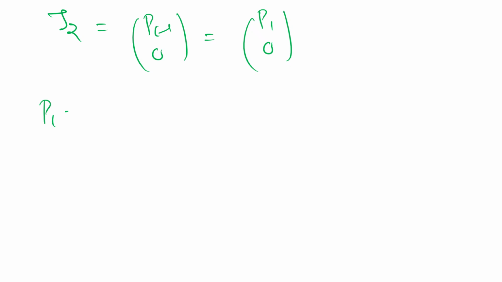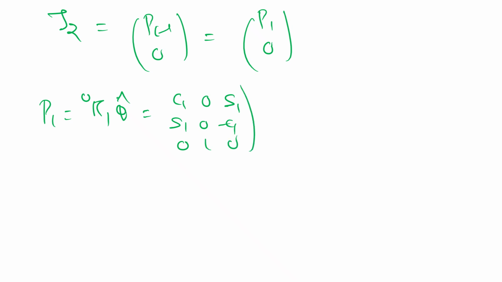Let's do J2. J2 is the prismatic joint, so it is just P(i minus 1) and 0. Here P(i minus 1) is P1, which is R1 times the unit vector. R1 is C1, 0, S1; S1, 0, minus C1; 0, 1, 0, the rotation matrix taken from the transformation matrix.